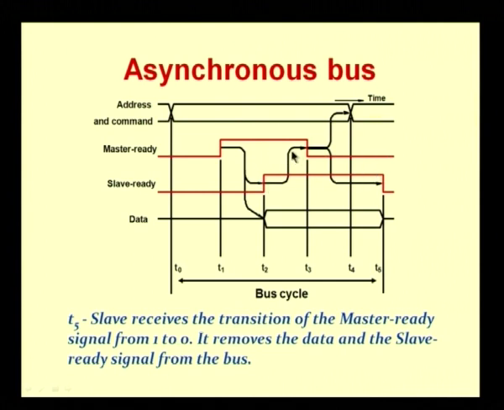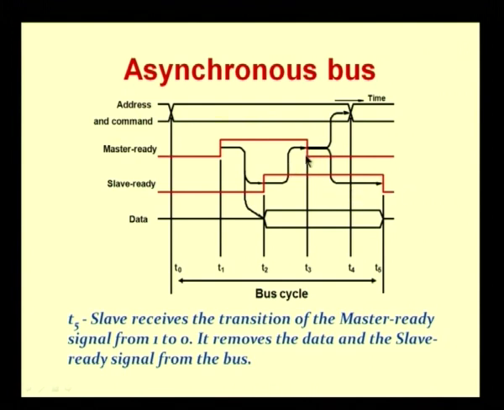Remember this: the master ready signal went from 1 to 0, but that has to be seen by the slave. Once it sees that transition, the slave ready signal can also be removed from the bus, that is, the slave ready signal goes to the 0 state. When I say removed from the bus, I mean that, assuming it is active in the high state and inactive in the low state, it is coming to the low state. You can see that happening here.